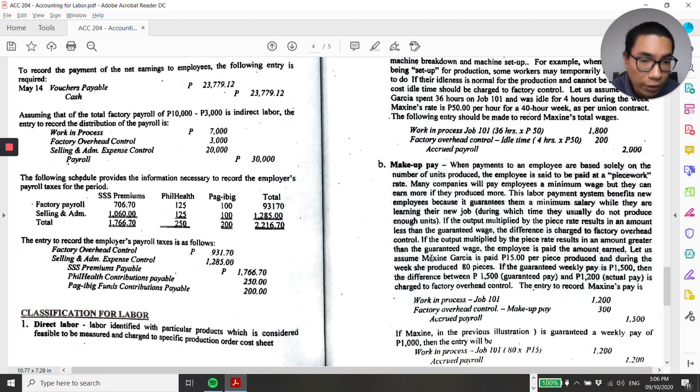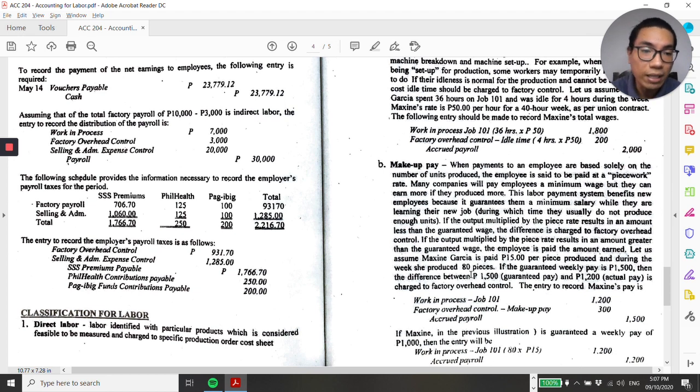Okay, for this particular problem, it is mentioned here that Maxine Garcia, if si Maxine Garcia pa din to, continuation siya nung first problem natin, with 50 pesos per hour rate, is paid 15 pesos per piece produced, and during the week, she produced 80 pieces. Parang may other contract siguro si Maxine Garcia kay company, no?